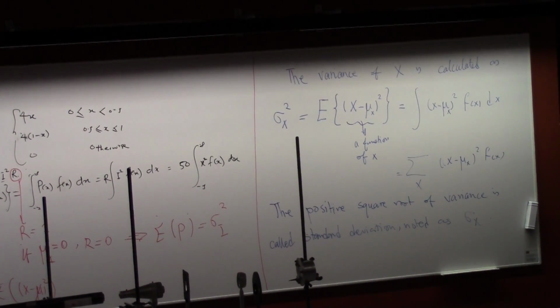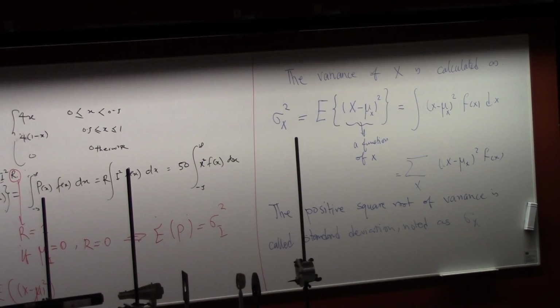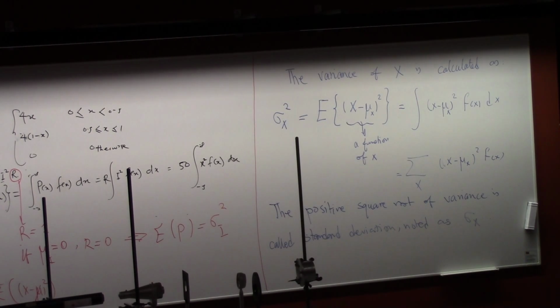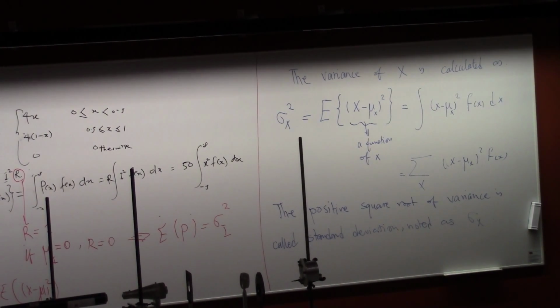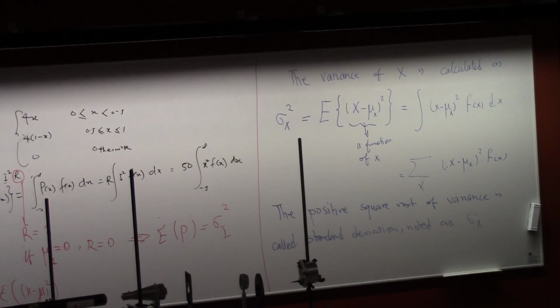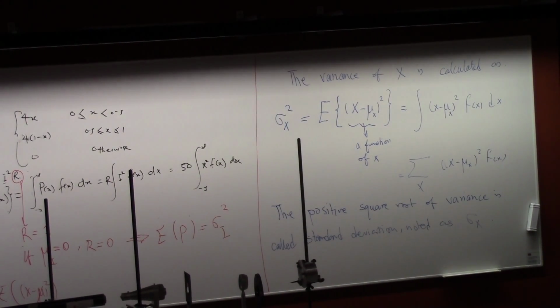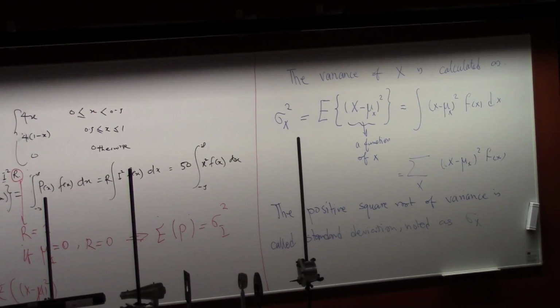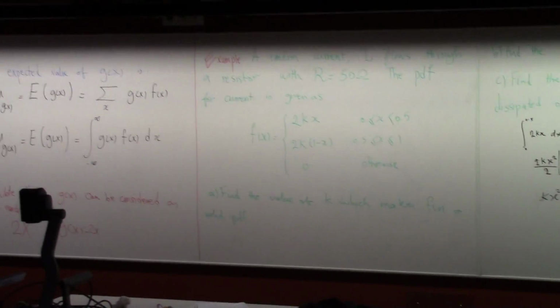If you look at the PDF, now we are talking about a random process, we can understand by comparing two PDFs which one has higher sigma value and which one has lower sigma value, or higher sigma square and lower sigma square.